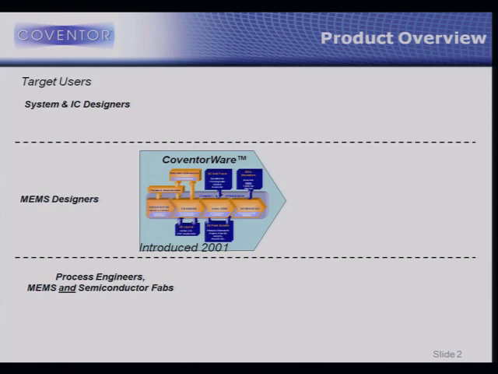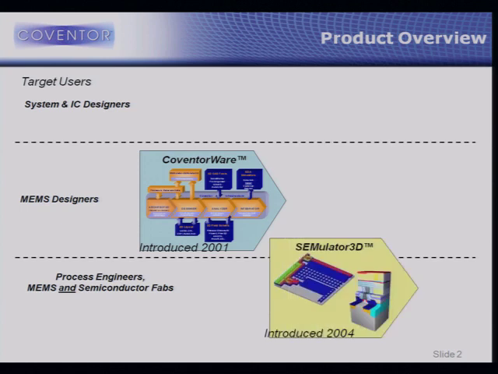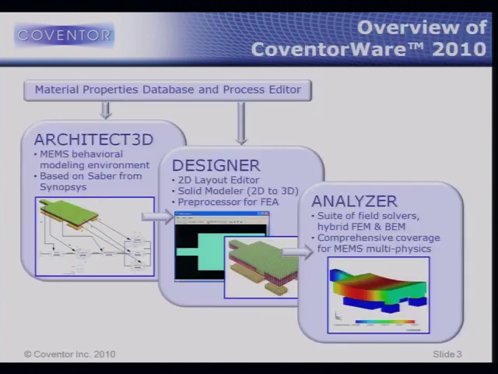So. All right, back to CoventorWare, our flagship product. As I said before, there are three main parts of CoventorWare: Architect, Designer, and Analyzer. I'm going to focus on MEMS+ with MATLAB Simulink, the 2.0 release that's coming out this month.